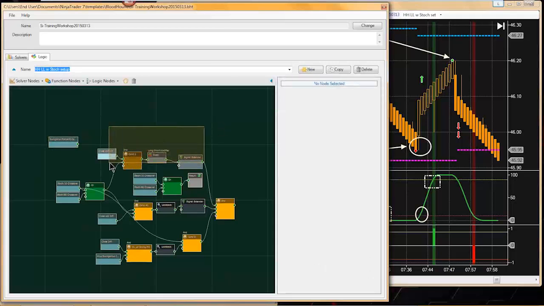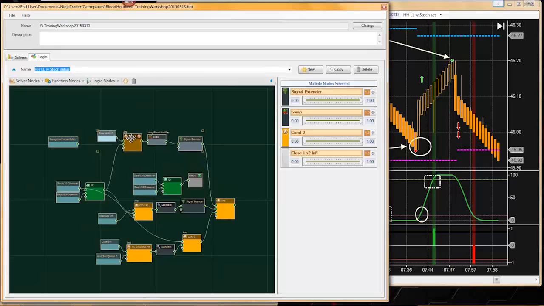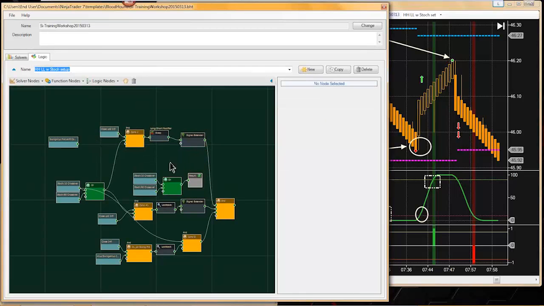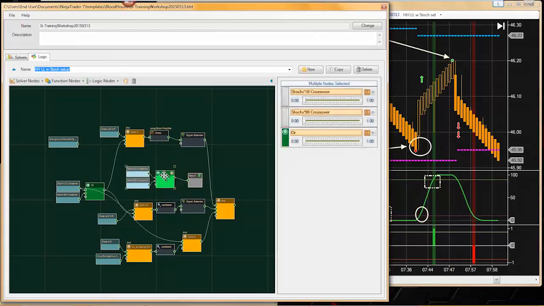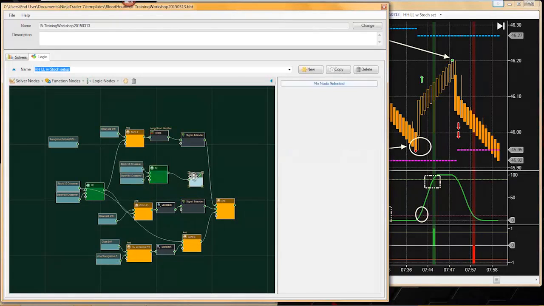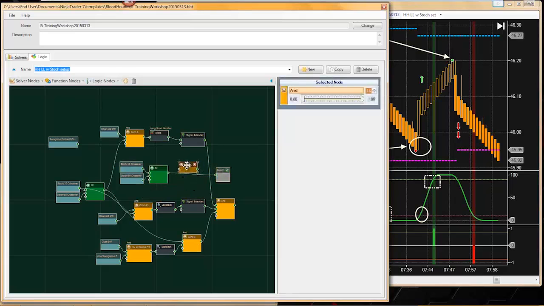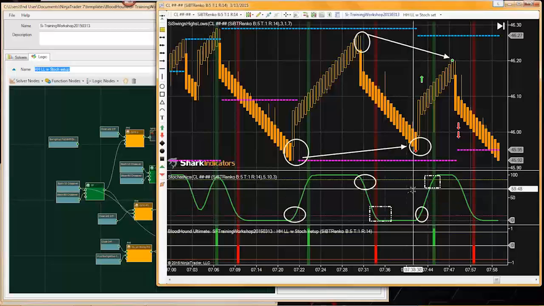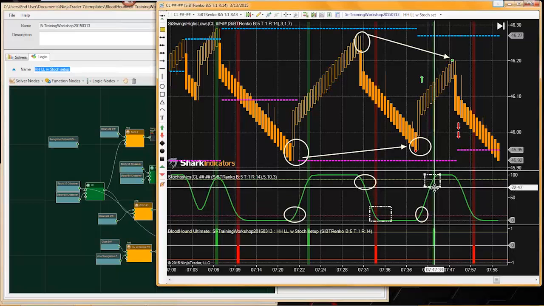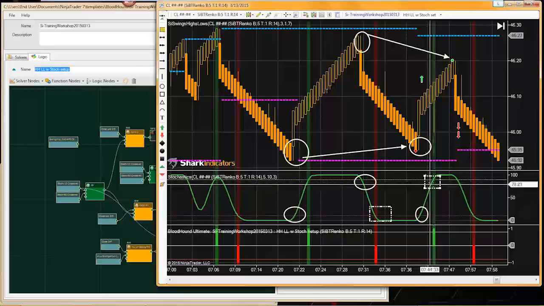Alright, I'm going to have to spread this logic apart, make a little room. There we go. Alright, so I can see here we're getting a long signal on this stochastic crossover.